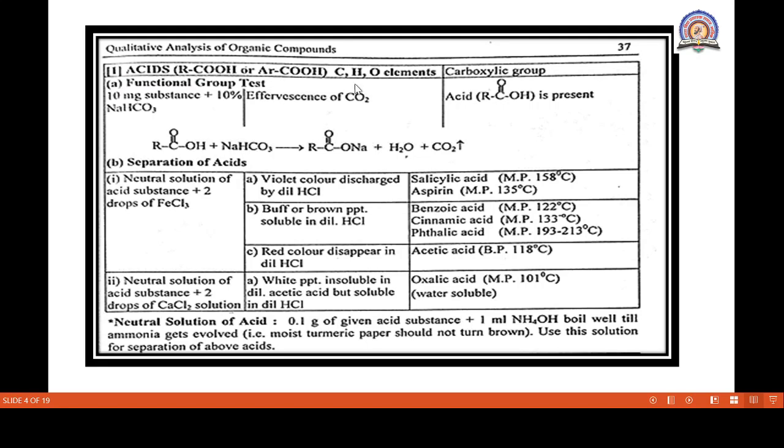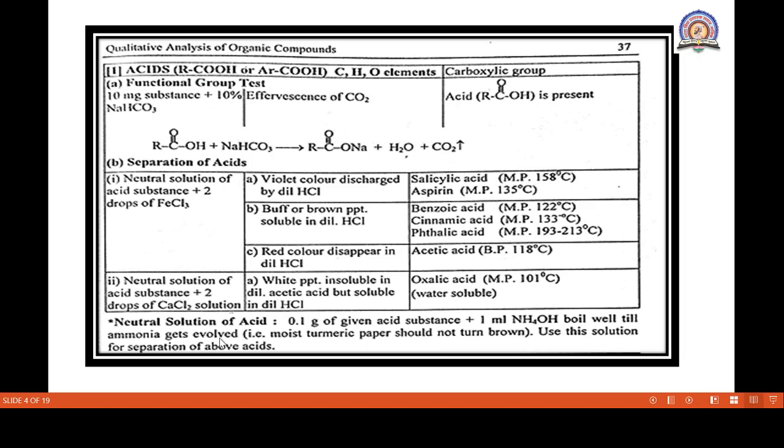So once we confirm acid is present, then we separate this acid compound. For that we prepare a neutral solution, which is given at the bottom. We take 0.1 gram of the given acid, add 1 ml NH4OH, and boil well till the ammonia is evolved.